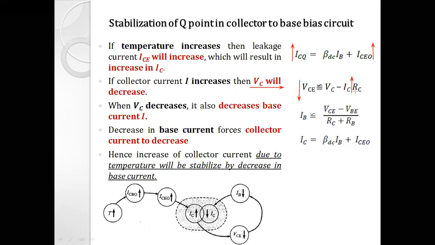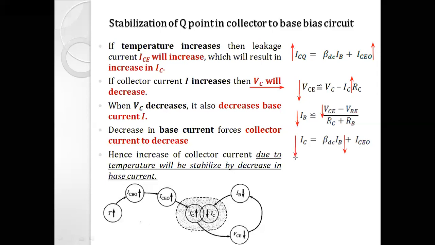Because this IC RC is getting subtracted from this VCC. So if IC increases because of the increment in ICEO, that is because of the increment in temperature, VCE decreases. If this VCE decreases, then what happens? Obviously IB decreases. Why? Because IB is in direct relation with VCE. If VCE drops, then IB drops. And if IB drops, then IC gets dropped.